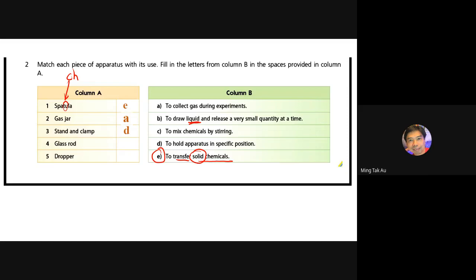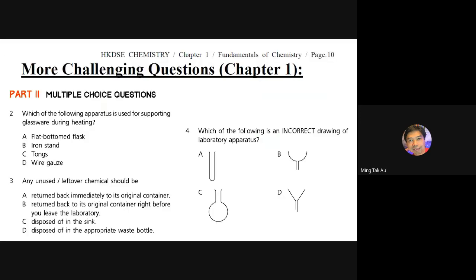And question 4, glass rod. Class number 22, C. Speak again. C. C, right. To mix chemicals by stirring. The last one, dropper, should be B. So a dropper can drop the liquid. Now I want to check the multiple choice.